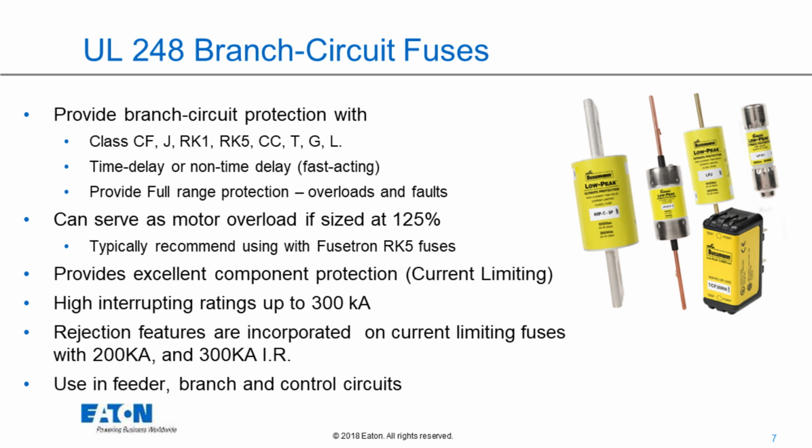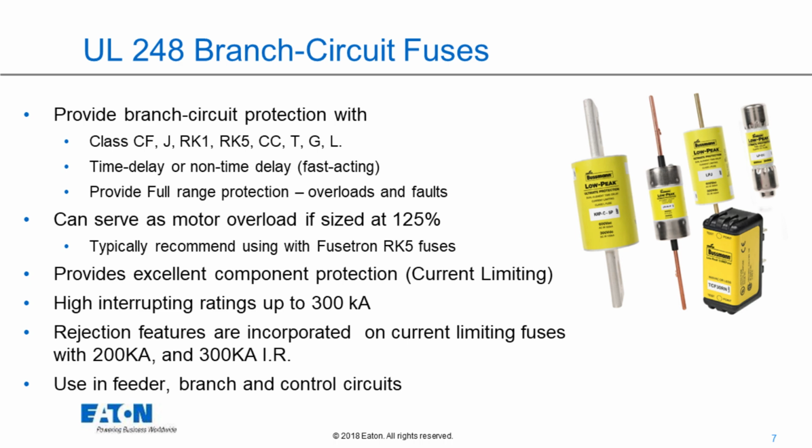On the LPS RK1, the bladed version we're showing here goes from 65 to 600 amps. The rejection feature is a notch in the blade. Now, the Class R holder, which is a rejection holder, R stands for rejection, has a pin in between the set of clips that will block a fuse that doesn't have a rejection notch on it, like a Class H fuse, which only has an interrupting rating of 10,000.